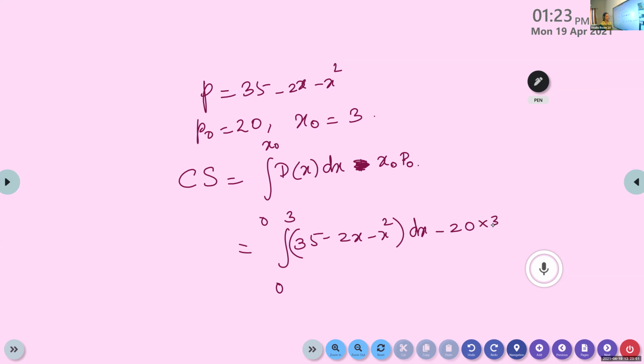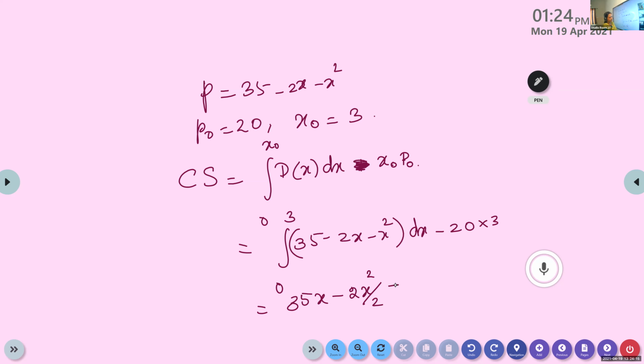Now integrate. What is integral of 35? Constant, isn't it? 35 is the constant. So when you integrate it, we will get 35x, isn't it, Tomlin? Minus 2 into x, if you integrate, it is x square by 2.